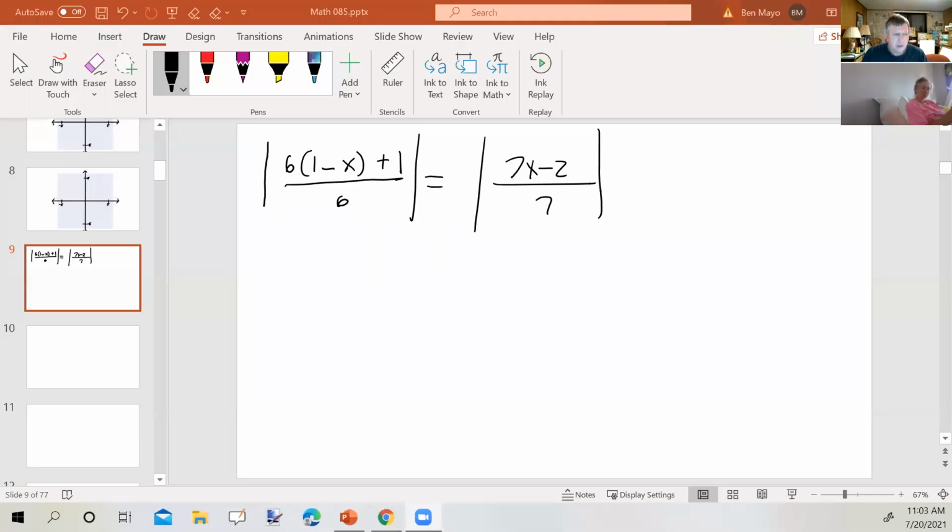The rule was, when you have 2 absolute value terms in an equation, you want to separate them. These are already separated. And so then we're going to have 2 possible equations. One of them is whatever is in the first one equals whatever is in the second one.